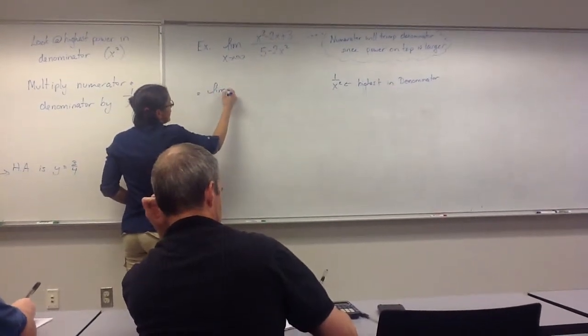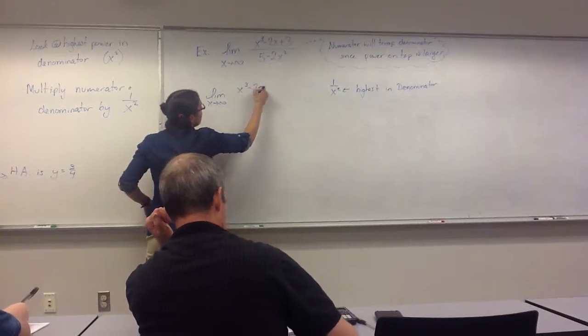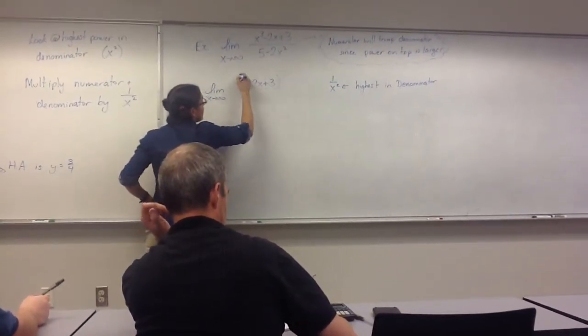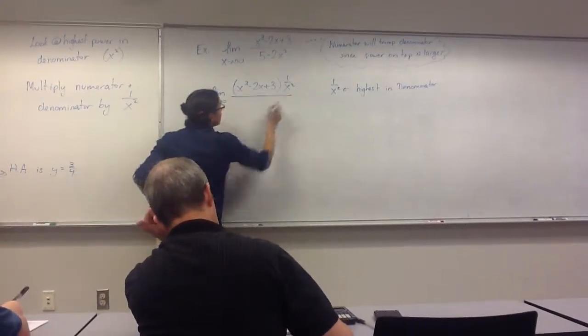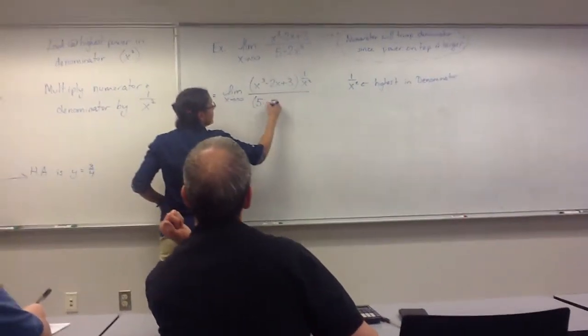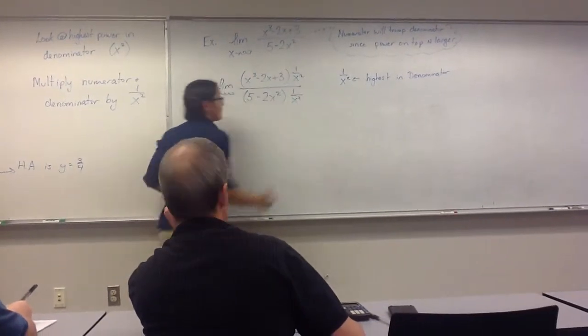And so we'll end up with the limit as x approaches infinity of x cubed minus 2x plus 3 times 1 over x squared. And in the denominator, we've got 5 minus 2x squared times 1 over x squared.